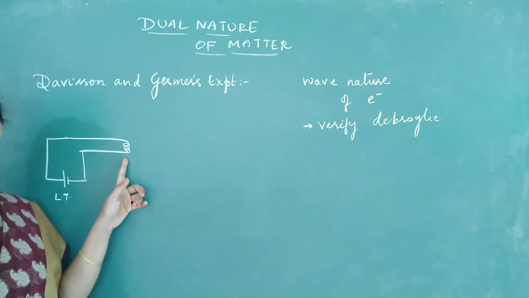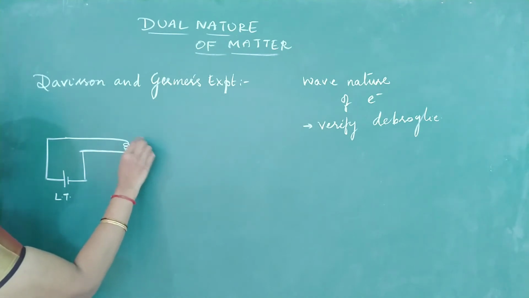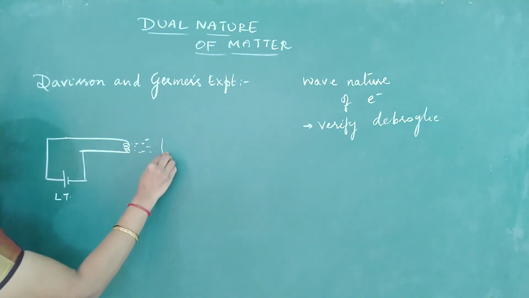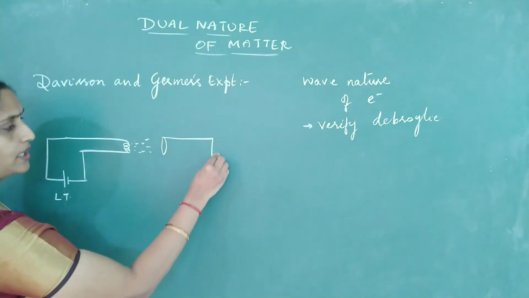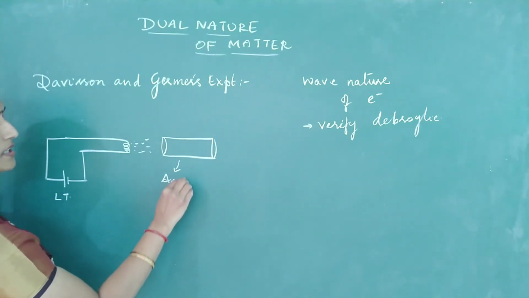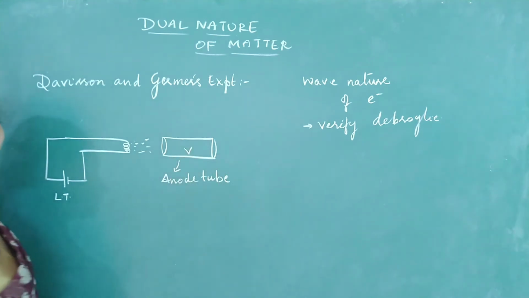It is by thermionic emission that a number of electrons come out of this filament. Since these electrons may scatter in all directions, to give them a proper direction, they are made to pass through an anode tube.